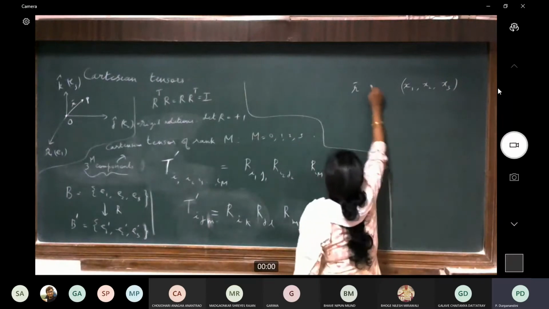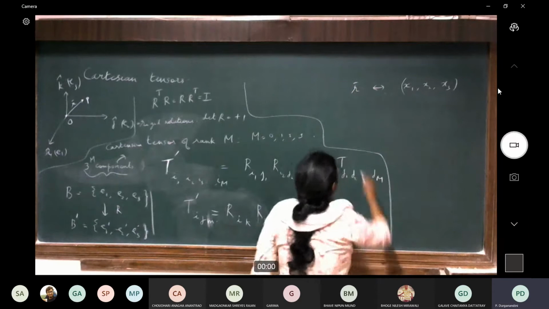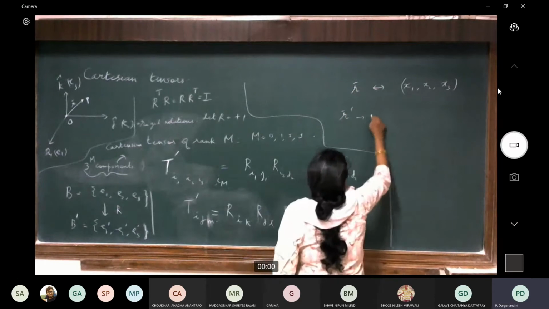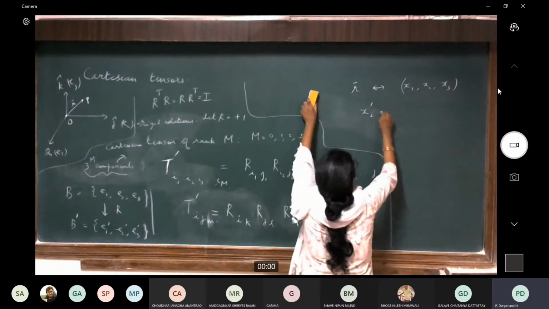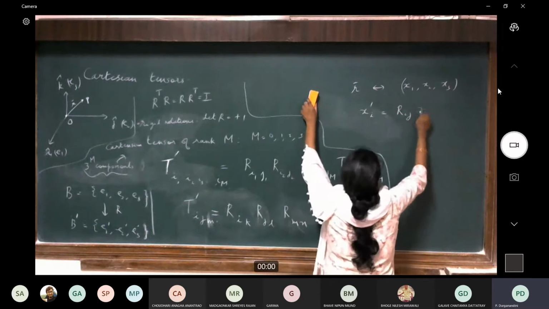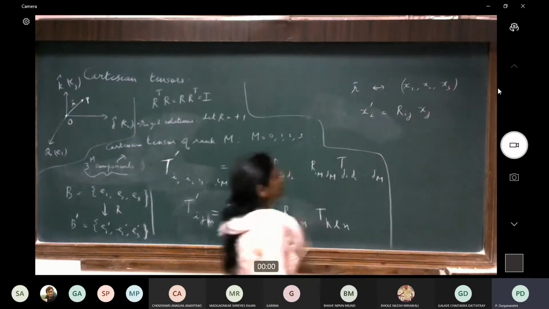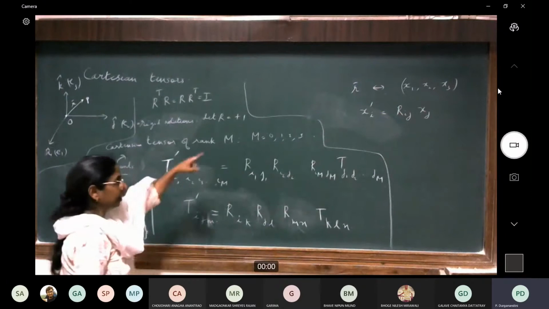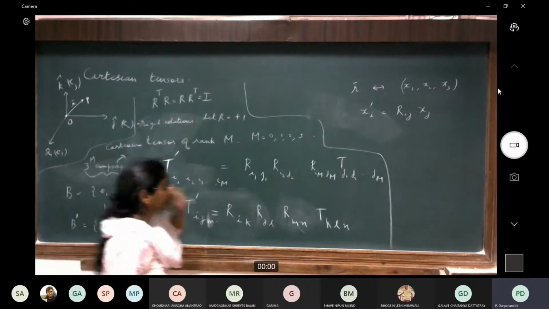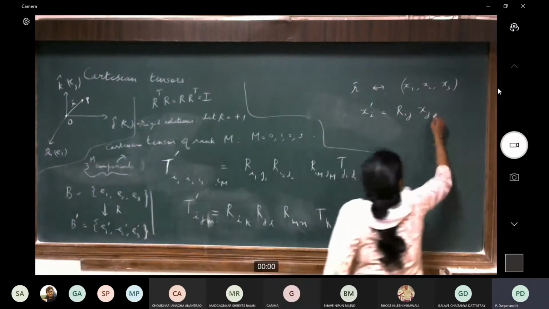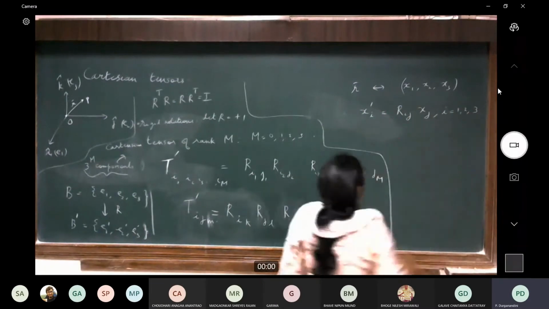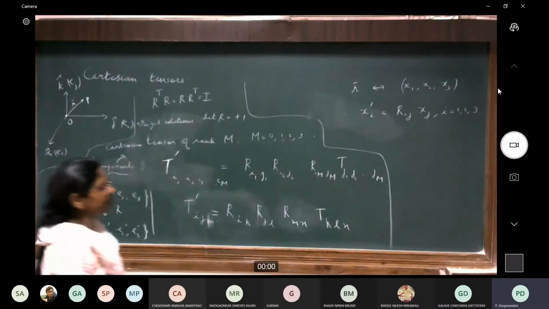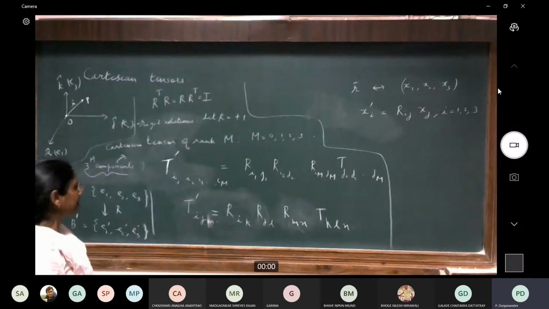So this is your R. Then you know that R will go to R prime. Or if I look at the component form, you can very easily see that xi prime will be equal to Rij xj. So in the new basis, the components are given by that relation. And again here i takes values 1, 2, 3.